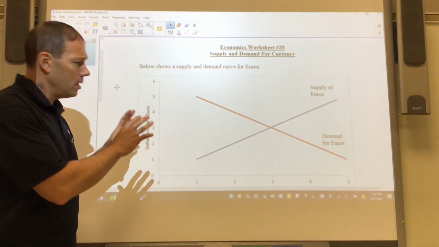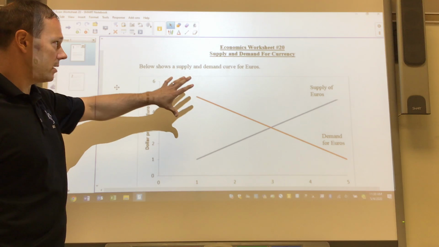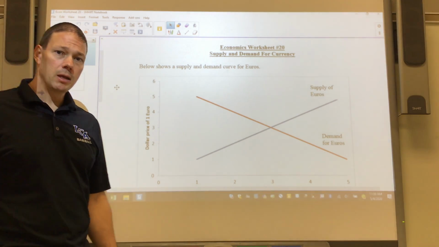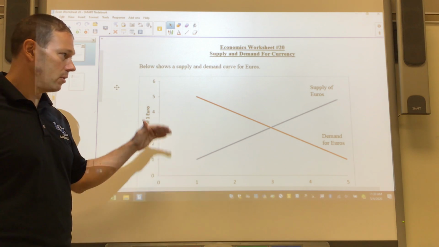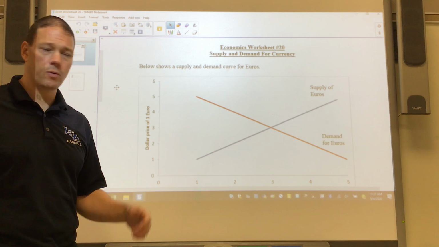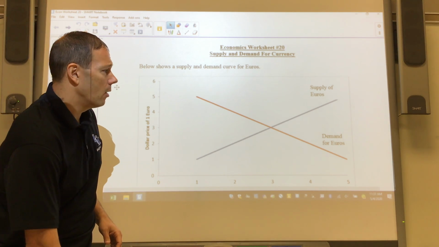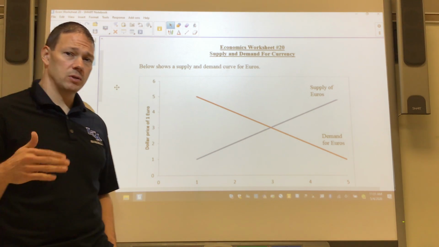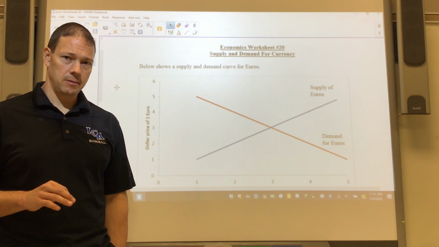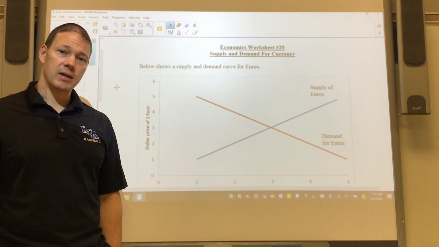Now, here's the thing. You notice we've got supply and demand for currency. Sometimes you'll hear something about the value of the dollar has increased or decreased. Because the value of currency changes, there are people out there who invest in currency in the same way that people invest in stocks, right?